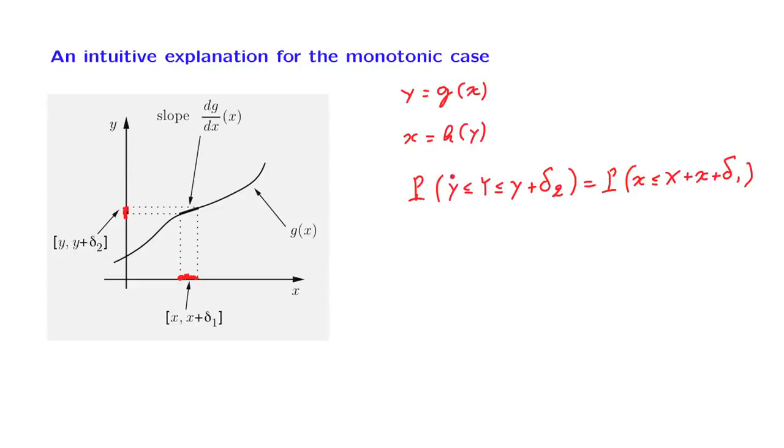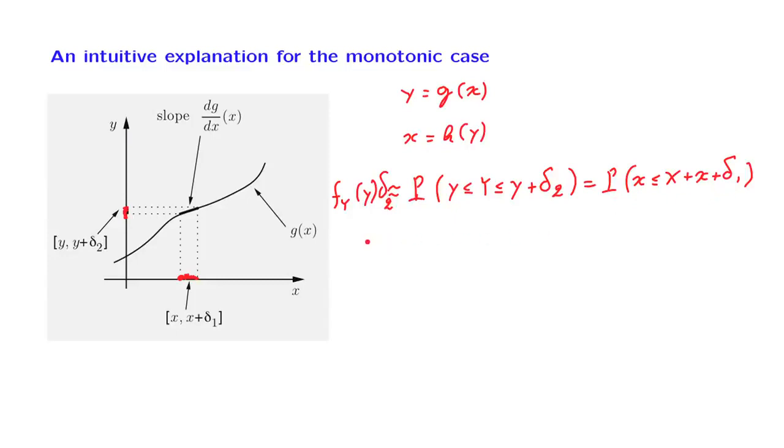Now remember our interpretation of probabilities of small intervals in terms of PDFs. So this probability here is approximately equal to the PDF of y evaluated at the point y times the length of the corresponding interval.